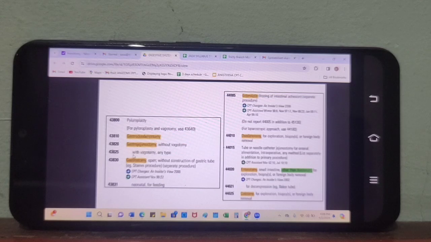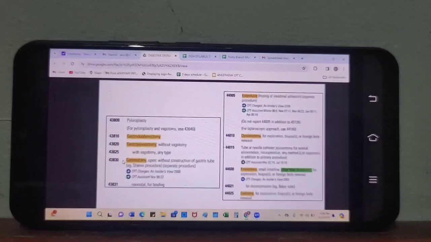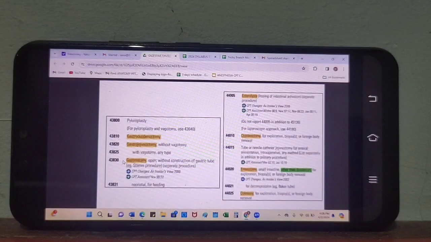So that is with the vagotomy. With the vagotomy 825, without vagotomy 820. For 830, the surgeon makes an artificial opening on the stomach only for feeding purpose. For adult 830, for neonatal 831.